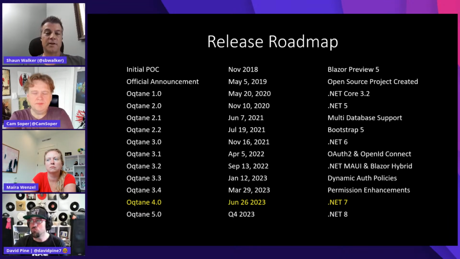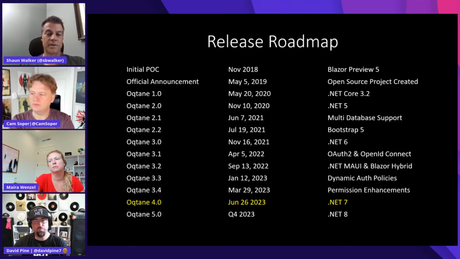I guess at the time that Oqtane was introduced, Blazor was brand new, so there weren't really any viable options as far as frameworks that were targeted specifically at Blazor.